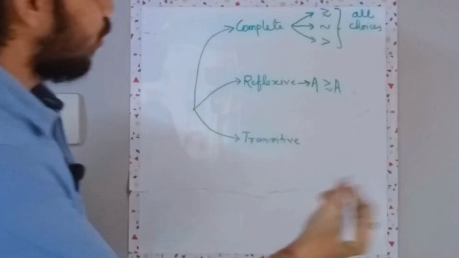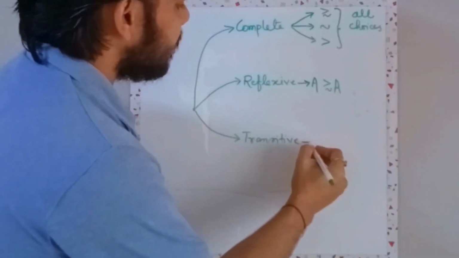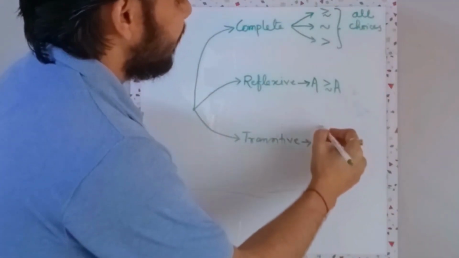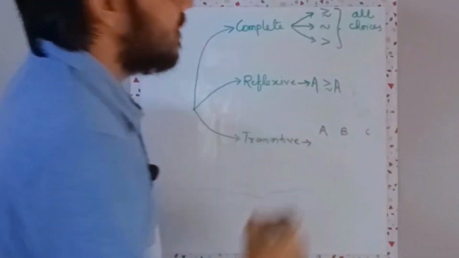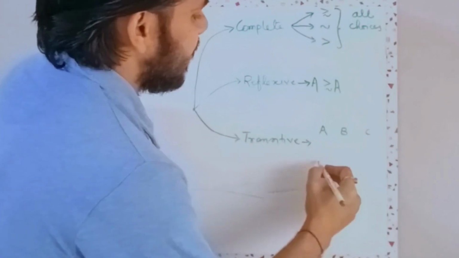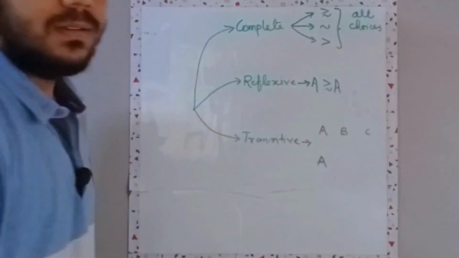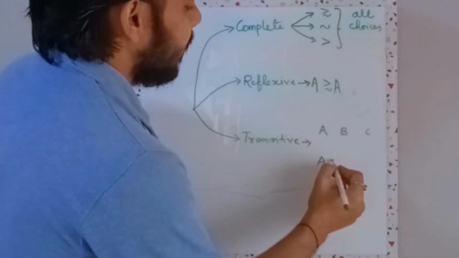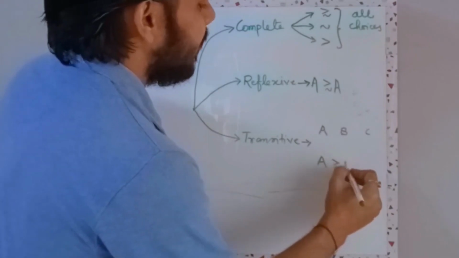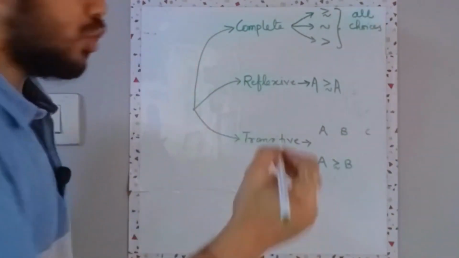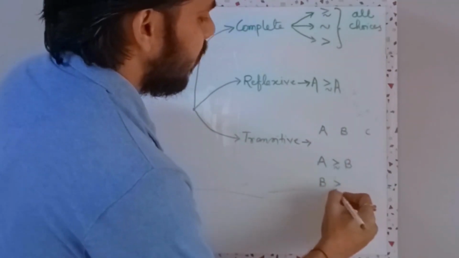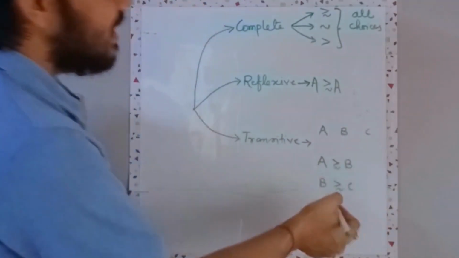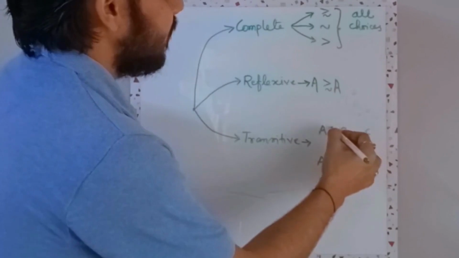For transitive, let us say you have three consumption bundles A, B, and C, and you say that I weakly prefer A over B, and I also weakly prefer B over C. So I can summarize this this way.